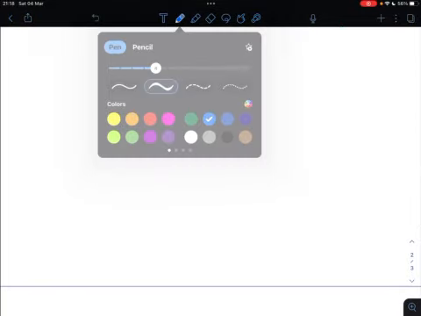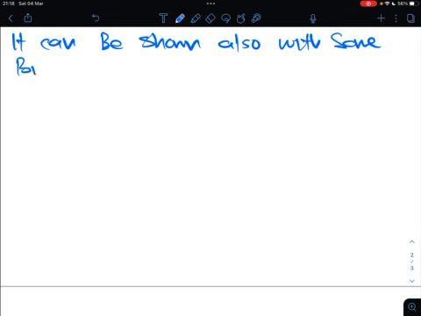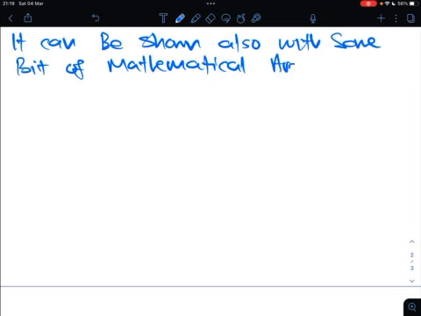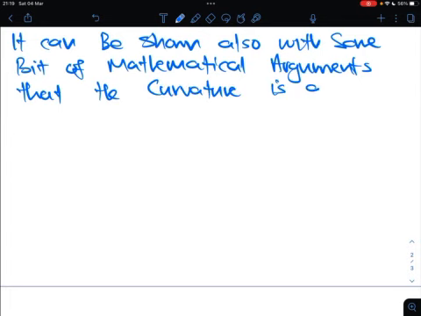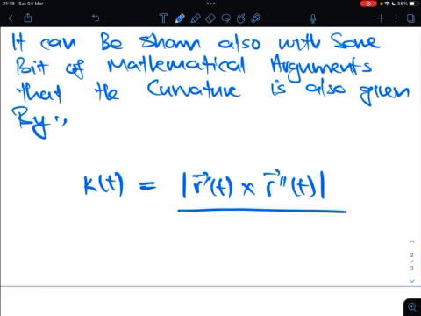It can be shown, with some bit of mathematical arguments, that the curvature is also given by the simple formula K of t equals the absolute value of the cross product of R prime t with R double prime t, over the absolute value of R prime t cubed, like that.